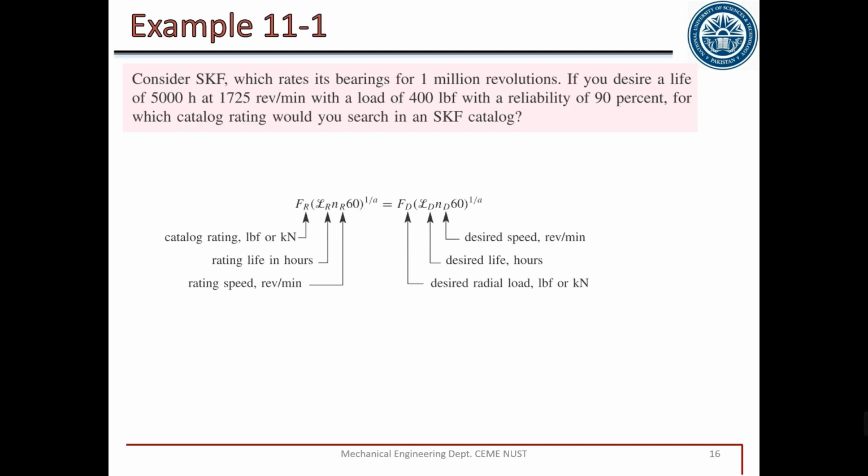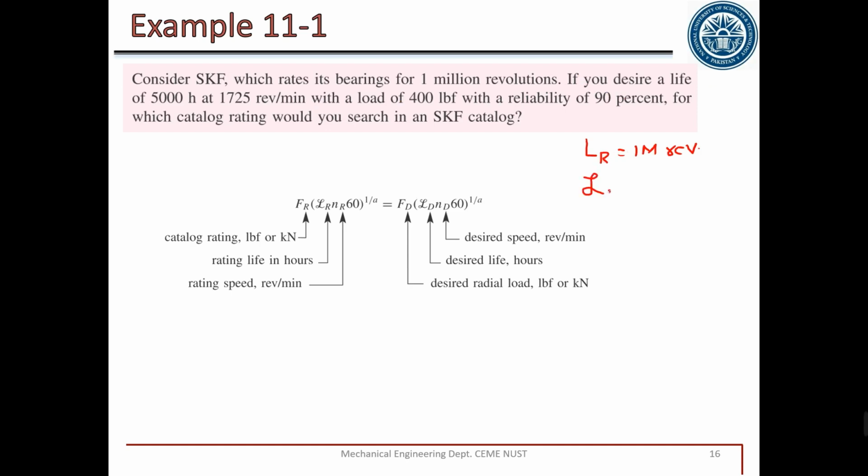In this example, we have been asked to consider an SKF bearing which rates its bearing at 1 million revolutions. So for that bearing, we know that the rated life is 1 million revolutions, and you desire a life of 5,000 hours.